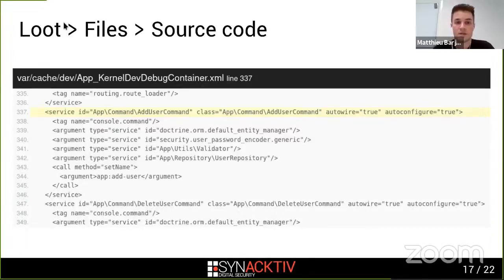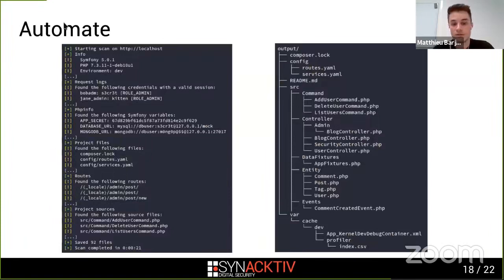So in the end, this is actually all what the tool EOS is doing. You start the tool, you scan your target, it will go through the request logs, it will extract all the credentials it finds, it will extract also the user roles, it will go to the PHP info, extract all the secrets from there, it will try to download the project files, the configuration files, and the source code files.